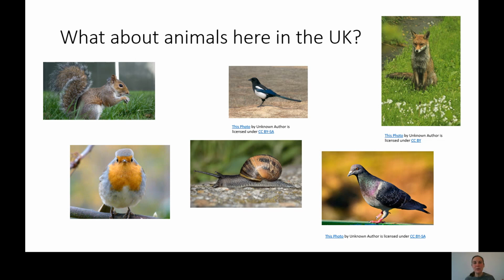And I've just put a few photos of the common ones that you may have seen here in London. So we've got obviously the fox, pigeon, squirrel, a magpie, robin, and when it's raining, you'll often see snails and slugs.